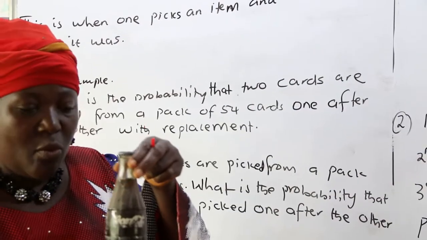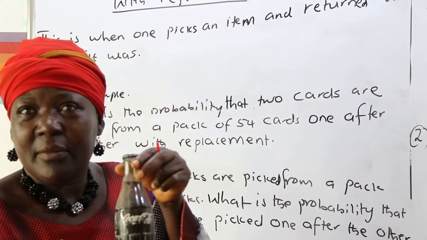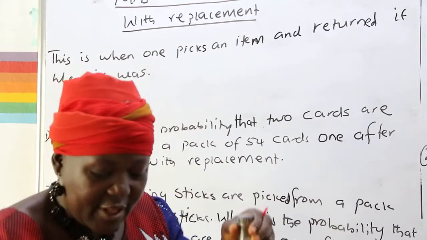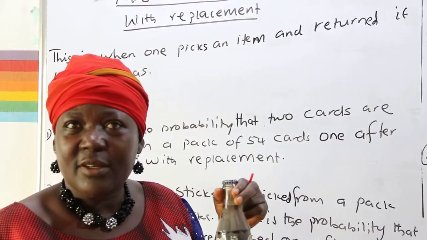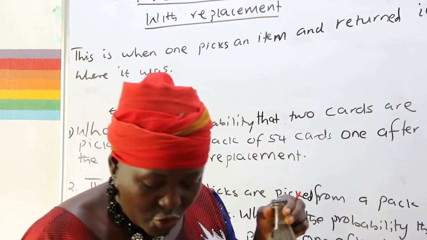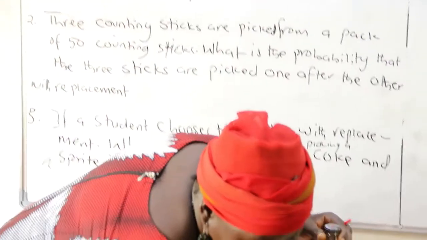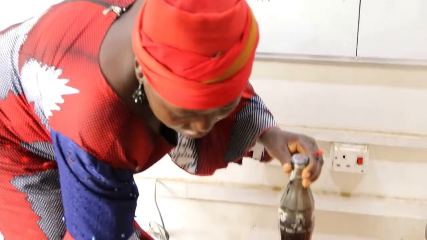But to me now, they have mentioned the name. Are you hearing me? They have mentioned the name. You have to count how many Cokes are there inside the crate, so that you will now know. So the Cokes here, we have 1, 2, this is the third one.